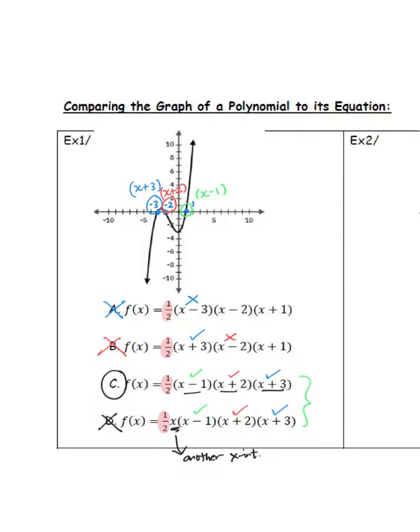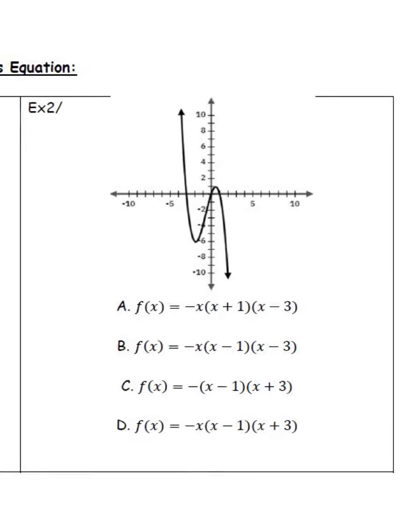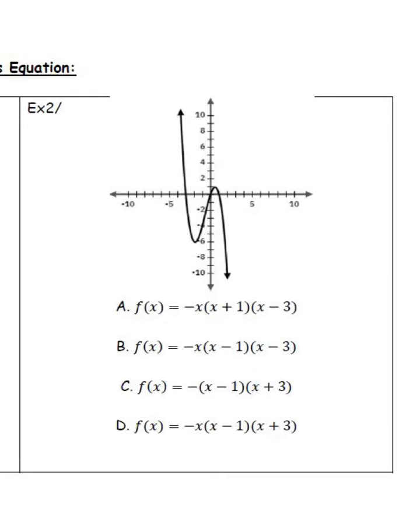All right, let's look at example 2. For example 2, you might want to pause the video and give this a shot and see if you want to try it on your own. If not, I'm just going to go over it. Again, I'm going to quickly look at the a value, and the a value is kind of tricky this time.